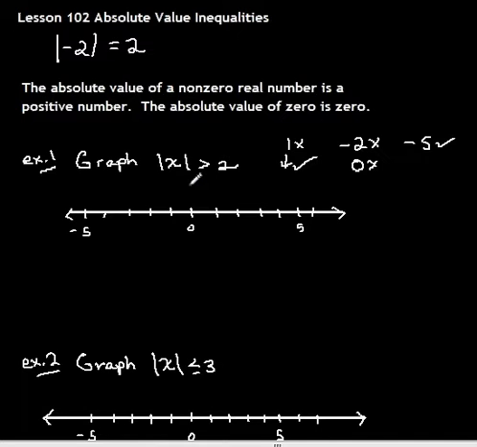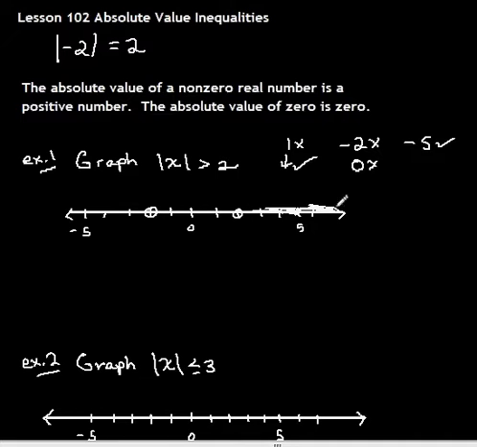We have to find on the number line every real number whose absolute value is greater than 2. So we can see that it's not going to be -2 or 2, so we put an open circle on -2 and 2, but any positive number greater than 2 is going to make this true.